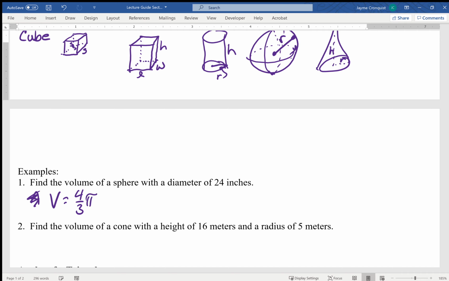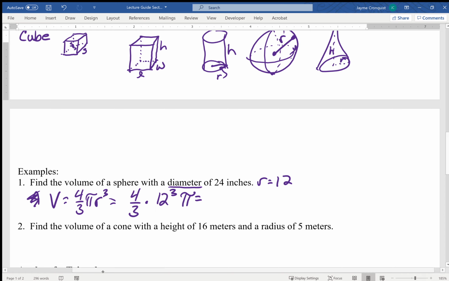4/3 pi r cubed. In this case, this is a diameter, so r is 12, half of that. So I have 4/3 times 12 cubed, and then pi. Okay, so I'm actually going to do 4 times 12 cubed times pi divided by 3. And that's how that's going to work, because you can think of each of those whole numbers as being over a 1.